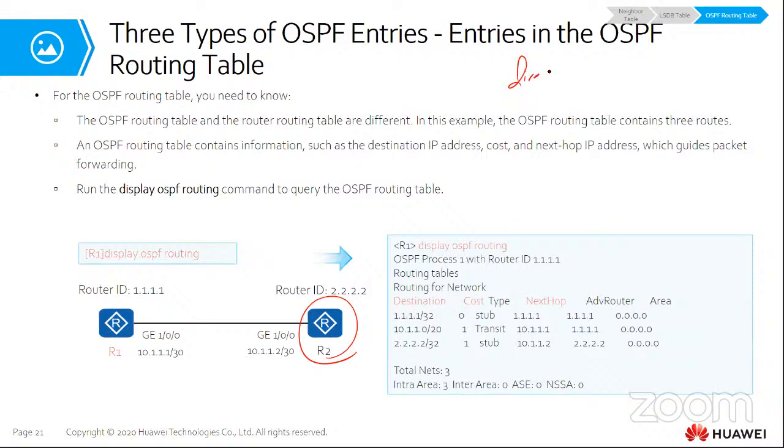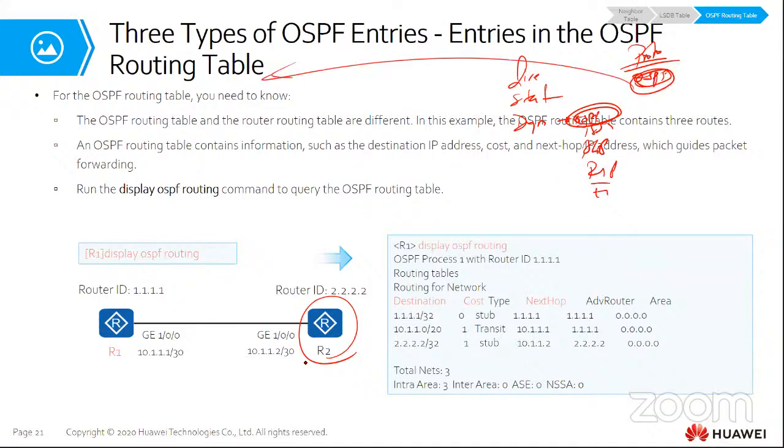Either the route is directly attached, or it has been statically configured by the network administrator, or it has been learned by a dynamic routing protocol such as OSPF, ISIS, BGP, RIP, EIGRP, and so on. For OSPF, the routes learned through OSPF will have OSPF under the protocol field in the routing table. These routes are also there in the OSPF routing table.